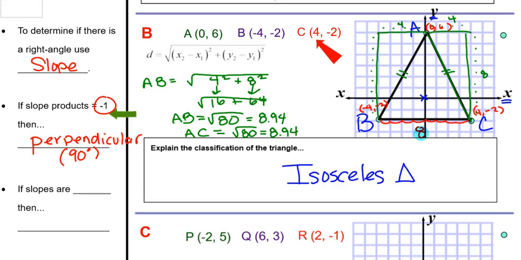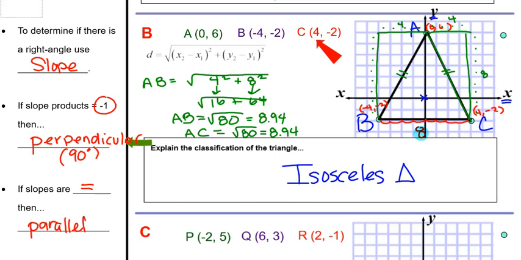And if your slope values are equal, then your lines are parallel. Now, parallel, not so important when we're doing triangles. We really are concerned of whether we have perpendicular lines or not. When you're calculating your slope, remember your slope is your rise over your run.